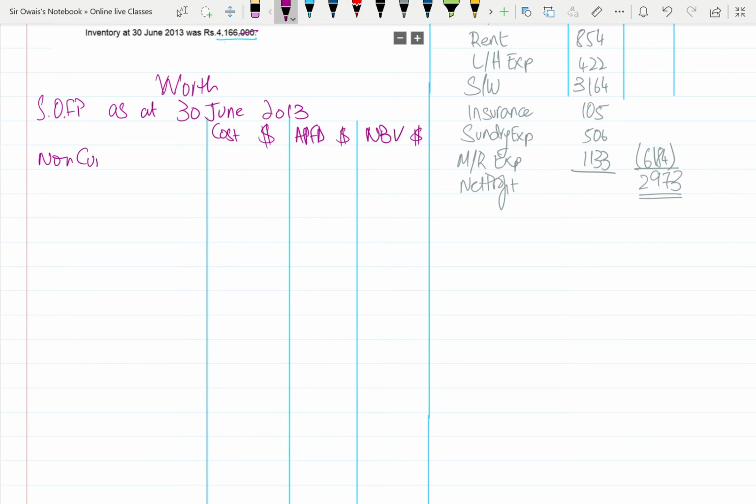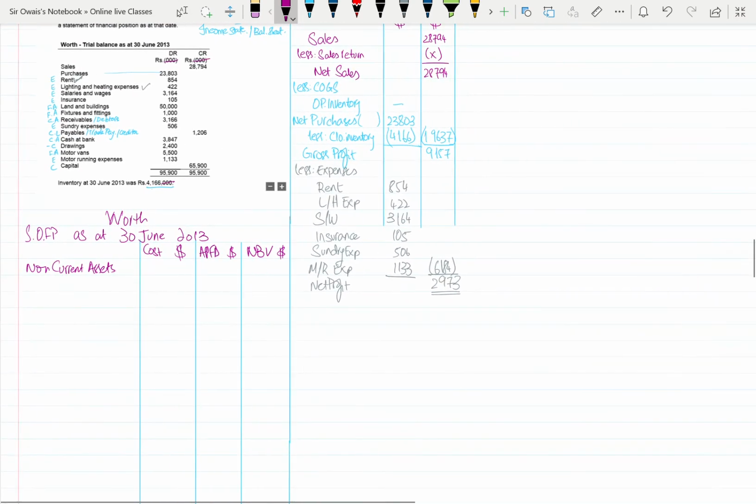Non-current assets and fixed assets, both are the same thing, right?